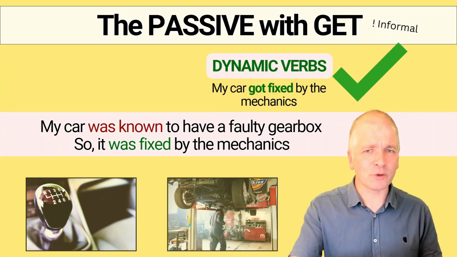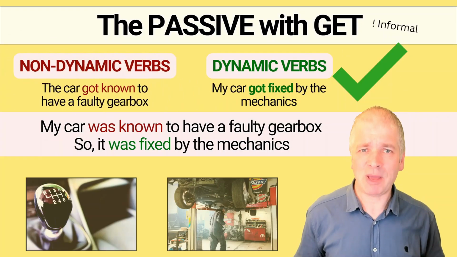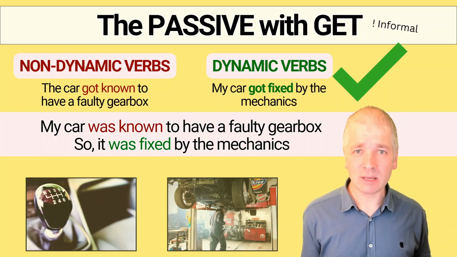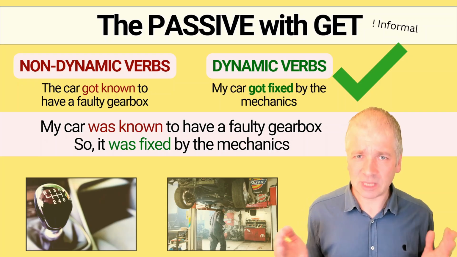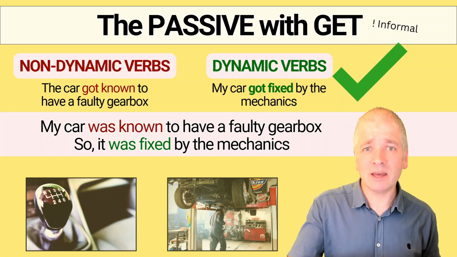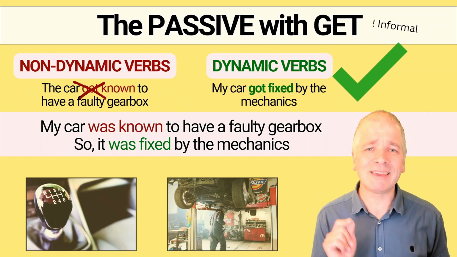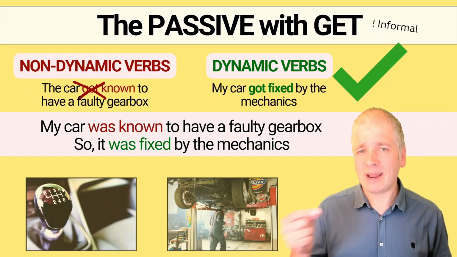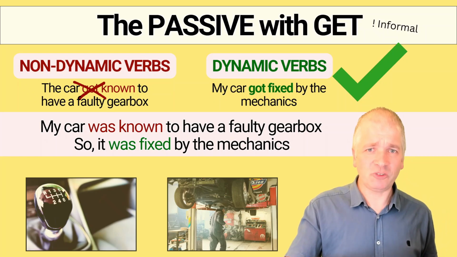But what about the verb known? Known is what we call a non-dynamic verb. Here, no action's happening, it's just a state. So can we say, the car got known to have a faulty gearbox? Well, the answer here is no, we can't, because we cannot use get with non-dynamic verbs, where there's not an activity or something explicitly happening to the subject.